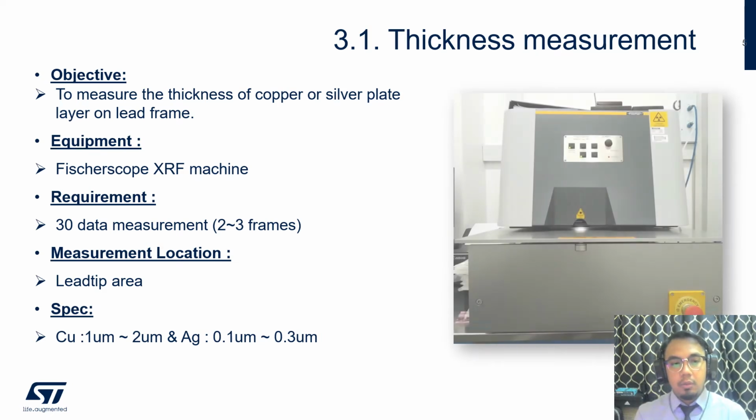The measurement location is at the lead tip area, which is the critical area on the lead frame, and the spec required for copper is 1 micron to 2 micron, while Ag, which is silver, is 0.1 micron to 0.3 micron.